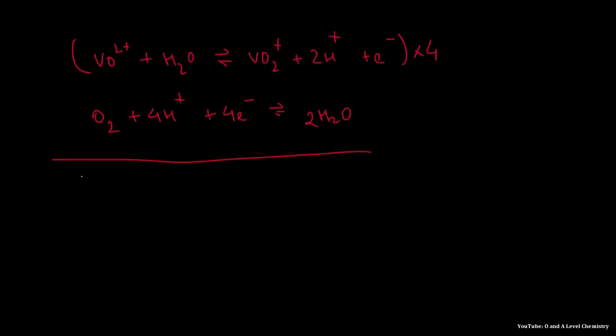When I multiply by 4, the electrons are going to cancel out. So 4 VO2 plus O2 plus 4 water. I can get rid of the water now. The 4 molecules of water here and the 2 molecules here are going to cancel out, and then I'm going to have only 2 water there.